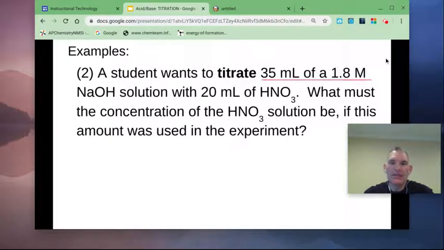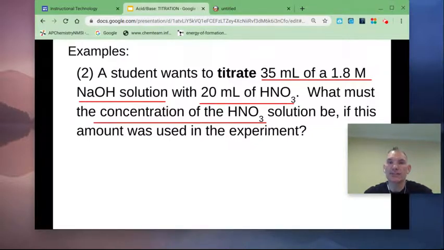I have 35 milliliters of a 1.8 molar solution of NaOH. Now my brain is telling me NaOH, oh, that's a base. And then it says I'm mixing this with 20 milliliters of HNO3. HNO3 is my acid. They want to know what is the concentration of the HNO3 solution, so I'm looking for my acid solution concentration.